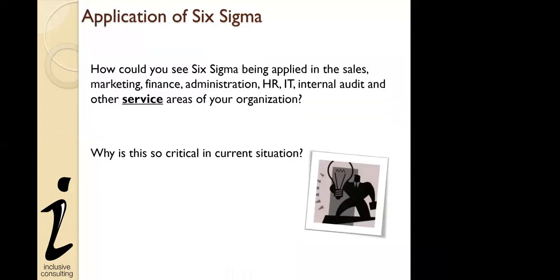So now that we have seen how Six Sigma is applied, we can see that regardless of whether you are working in the sales and marketing function, finance function, admin function, HR, IT, internal audit, or any other service area of your organization, it will be applicable to you. Before I move on to the next set of questions, let me give you some examples.